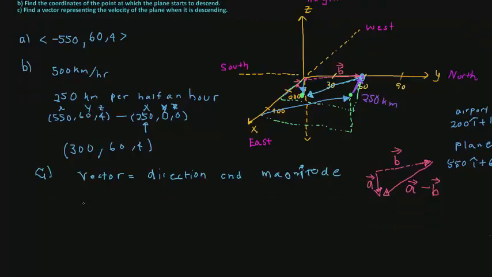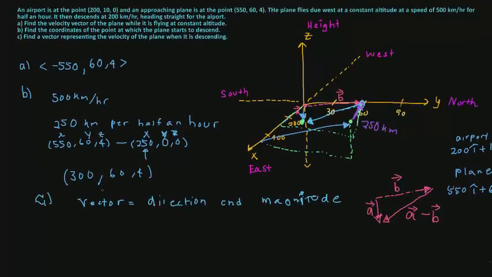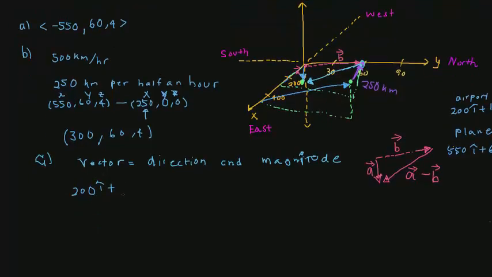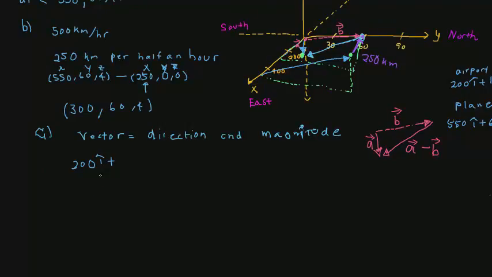Okay, so we know that A is at 210, so actually we do 210 I plus 10J minus, we want to subtract the new point where the plane is at after flying at a constant speed of 250 kilometers per hour for half an hour.